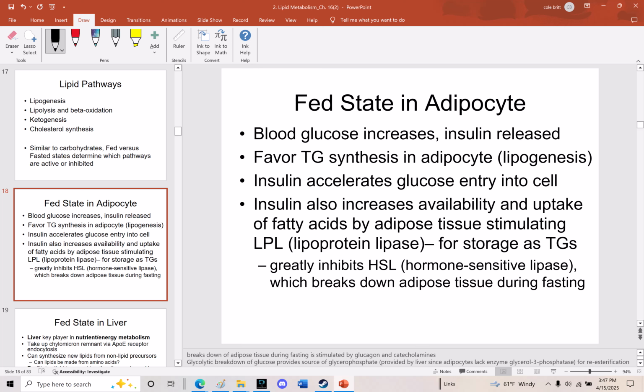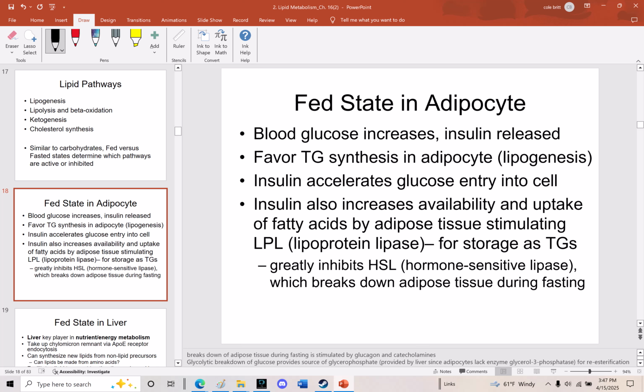So how do cells get the fat from chylomicrons? They do it via this enzyme, lipoprotein lipase. Sometimes they just call it LPL. But lipoprotein lipase, remember what a chylomicron is. It's one of your lipoproteins.